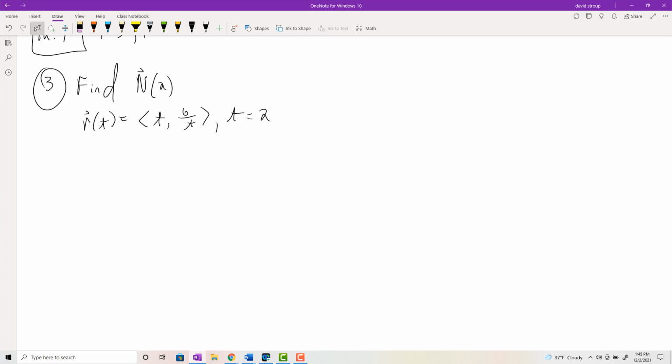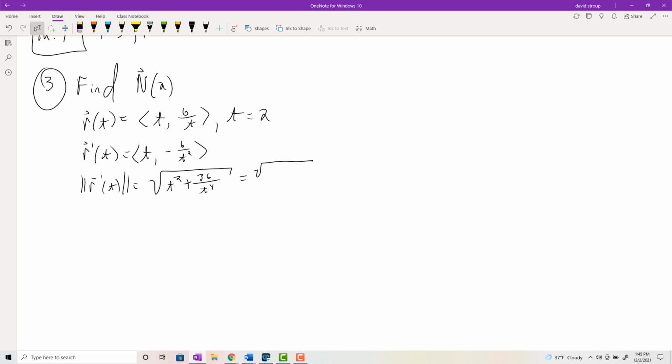Okay, so first I got to get the unit normal vector, so I need the derivative. And then I need the magnitude of the derivative. Let's get t squared plus 36 over t to the 4th.